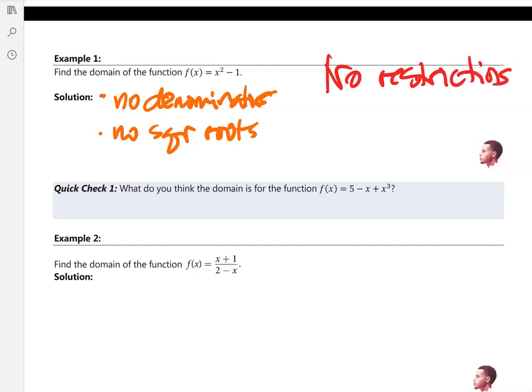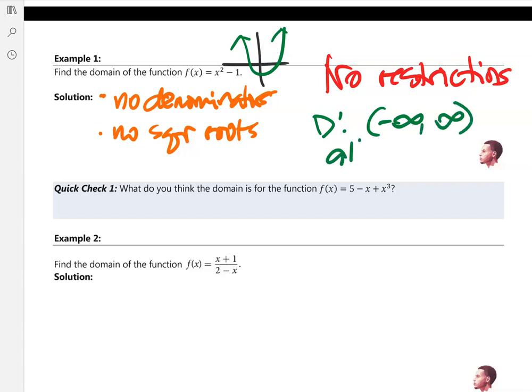Also, if you want to graph x squared minus 1, that is actually a parabola. Since there are no restrictions, x can be any real number. So the domain is from negative infinity to positive infinity. Again, that means all real numbers.